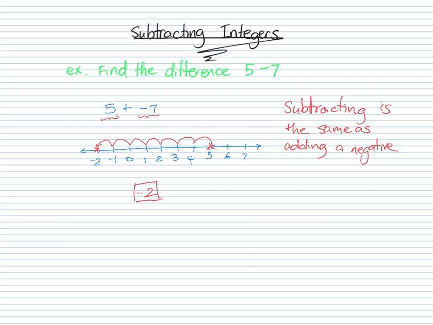All right, we can also think of doing this very same problem with the money method that we discussed in the adding video. So remember that in the money method, we think of our positive numbers, or the numbers that don't have a sign, which are positive, as money that we have.